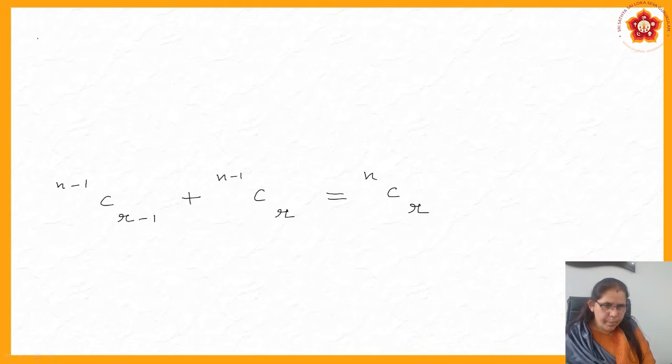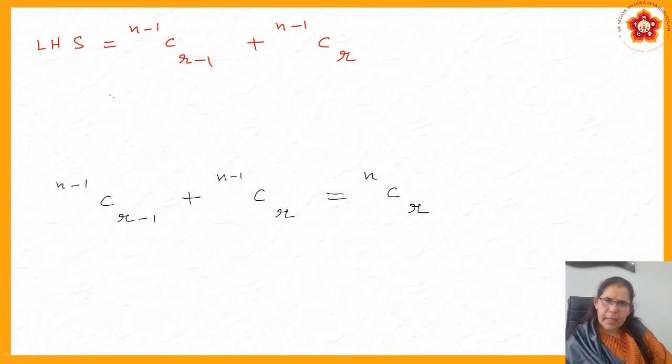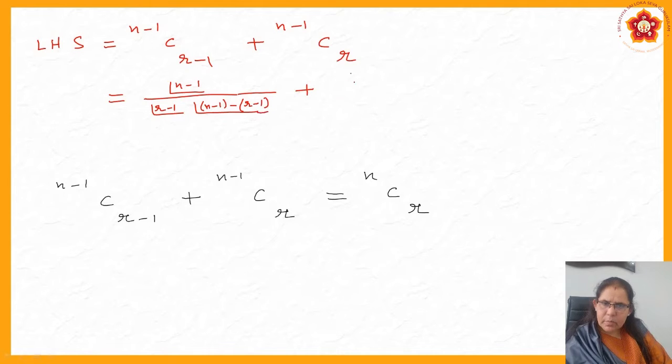We'll start from the left hand side. Left hand side is n minus 1 C r minus 1 plus n minus 1 C r. Let's use the formula. It will be factorial n minus 1 on top, and factorial r minus 1 here. Then we copy what is on the top, factorial n minus 1 minus, what is at the bottom.